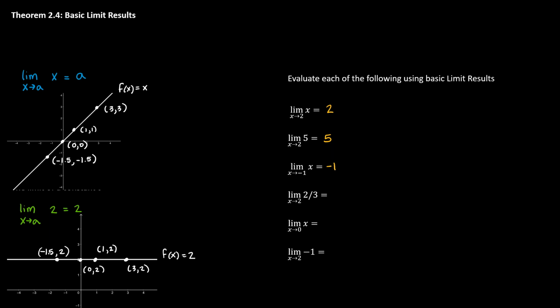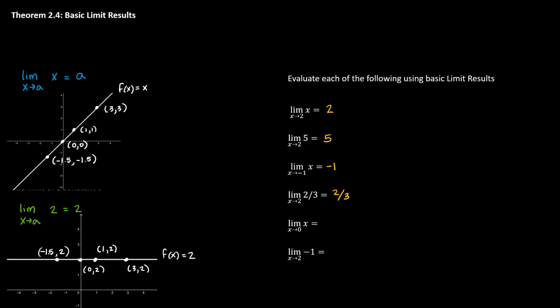Our next one is the limit of a constant. This constant is the fraction 2/3. We don't really care where x is heading, but if we did want to talk about x heading towards 2, we would say the limit of this constant is equal to 2/3. The next one, the limit of x when x is approaching 0.